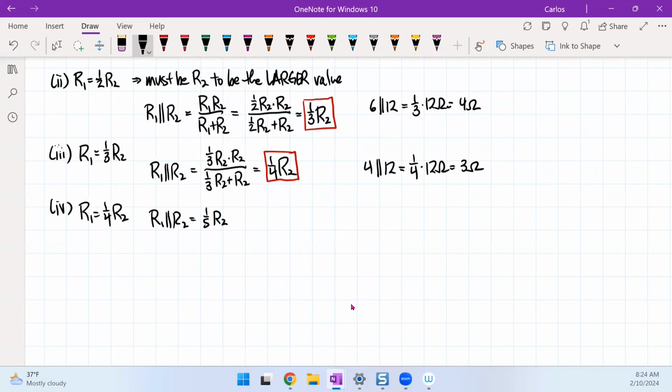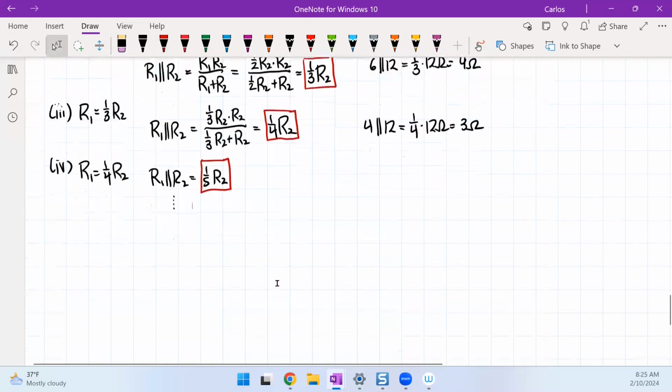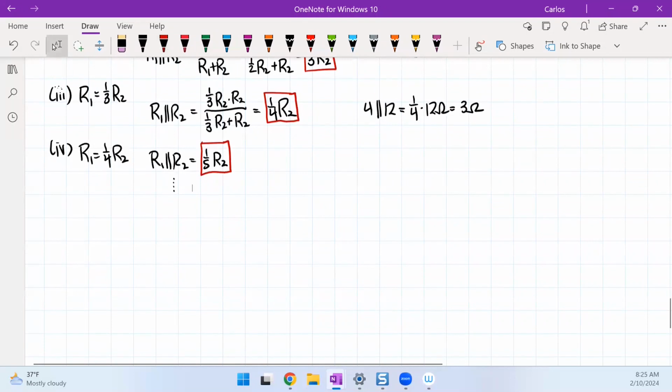And I keep going on and on, and you could now see what the pattern is. That is really powerful. So you can quickly reduce resistors in circuits because of this reason here.